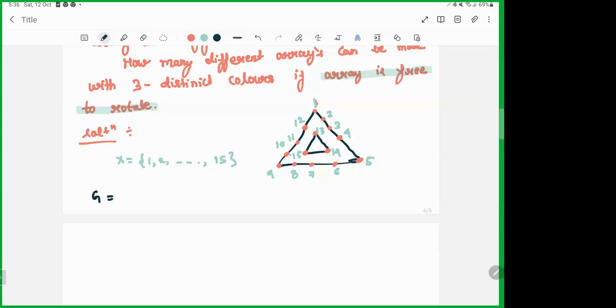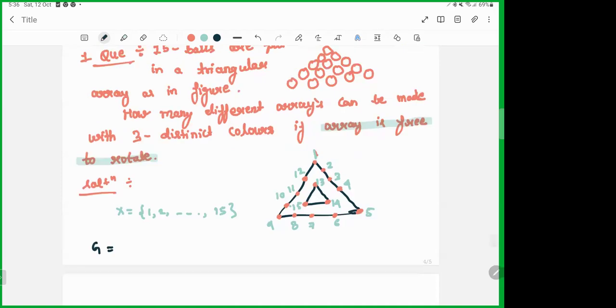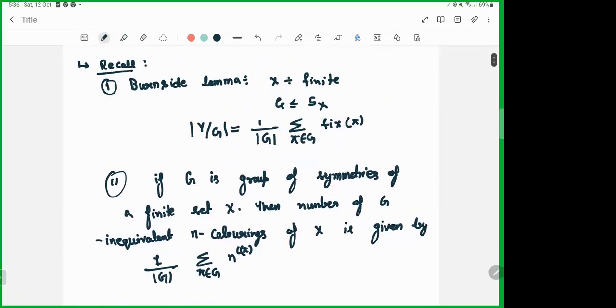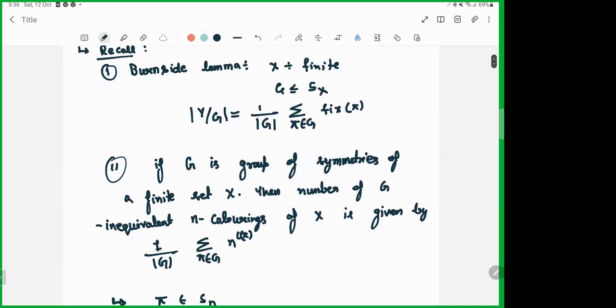We can write it in permutation form, which will be easier because of the theorem above. It says that if G is a symmetry group of X, then that is a corollary of Burnside's lemma, which I write here. First let's do it by the second one, then we'll do it by Burnside's lemma directly. Both are basically the same.